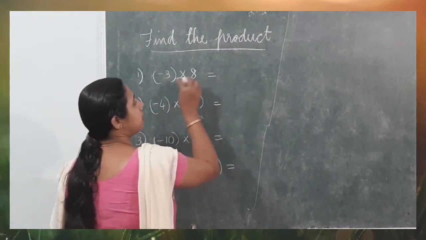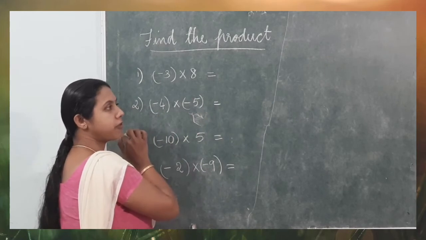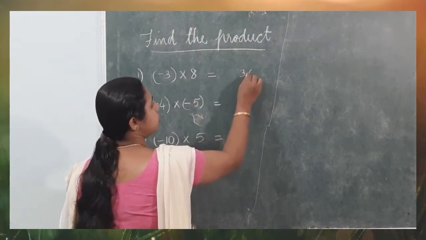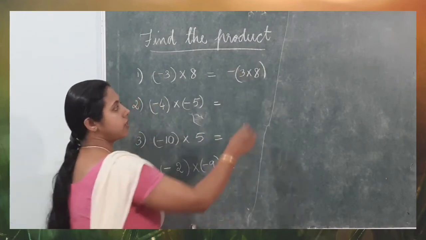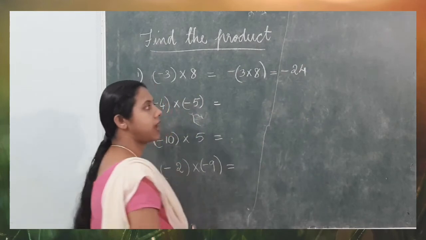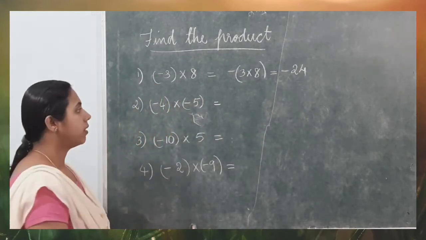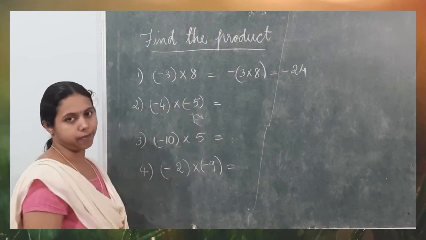So we multiply them as whole numbers and put a negative sign before the product. So 3 into 8 and put negative sign before the product. So that is equal to minus 24. 3 8s are 24.